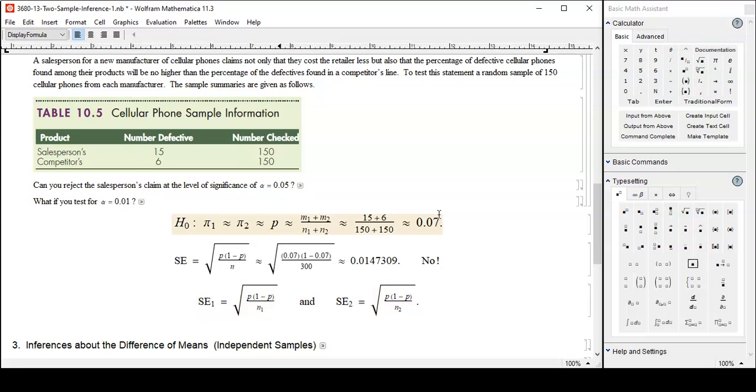Instead of using p1 and p2, just like we did for interval estimation for two-sample inference, we have to reconcile them into a single proportion, the best point estimate of the common value of pi1 and pi2 under the null hypothesis. So we have to add up the denominator, add up the numerator, and get a new proportion there.